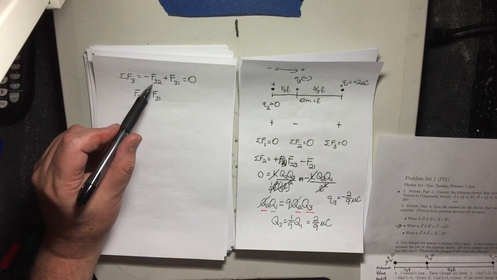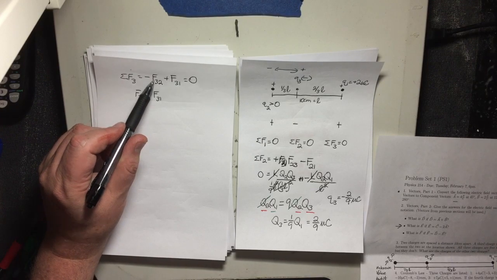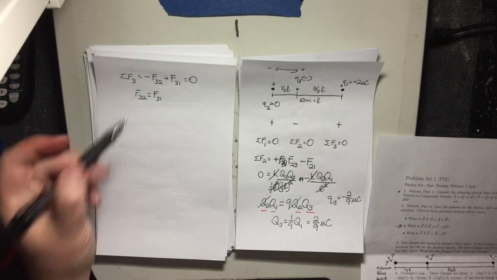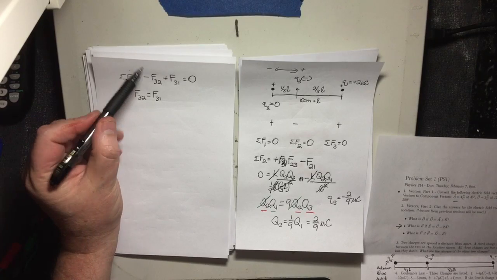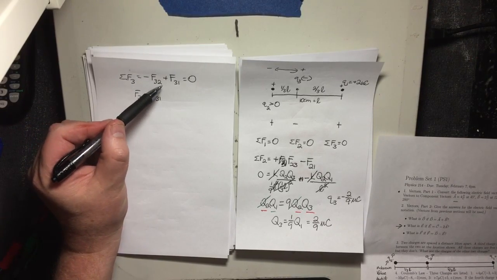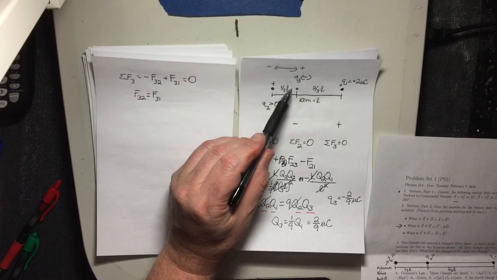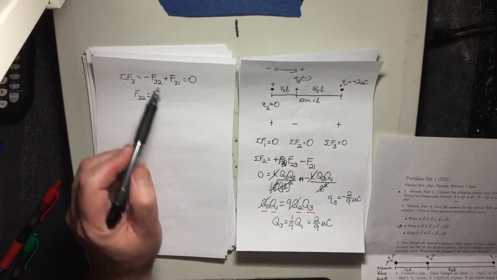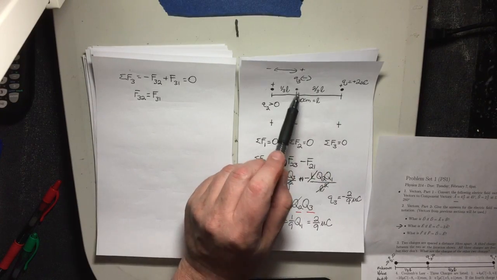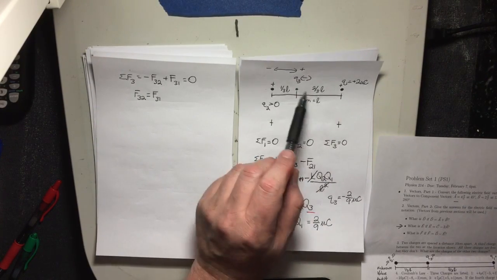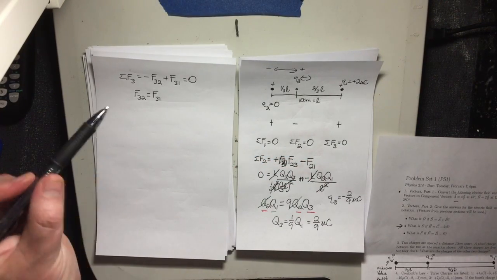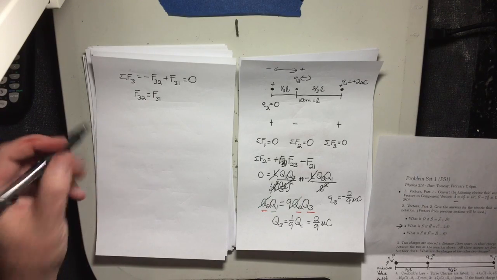A lot of times it's best to say it over and over again so it sinks in. This is the forces on 3. The force on 3 by 2 is attractive, so the negative charge is going to get pulled to the left. That's why it's negative. The force on 3 by 1 is a pull because negative and positive, it's pulling positive, so it's positive F3,1.